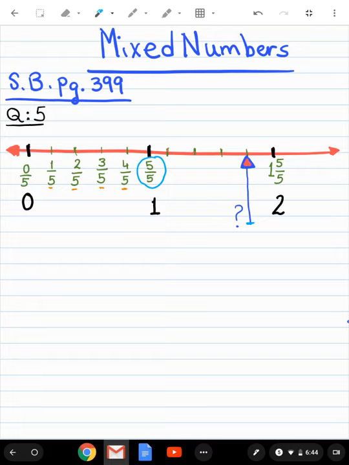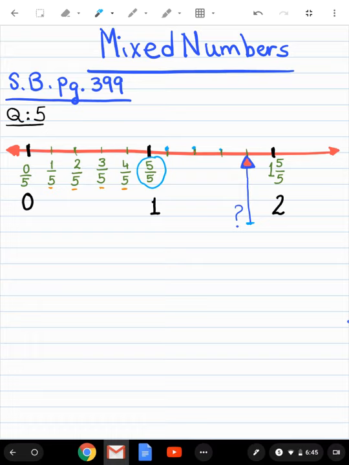I want to know what mixed number is represented by this arrow. So I reached here 5 out of 5, which is 1 whole. Then when I move to the next part, it will be 1 whole and 1 out of 5. Then here it will be 1 whole and 2 out of 5. The next dash will be 1 whole and 3 out of 5.